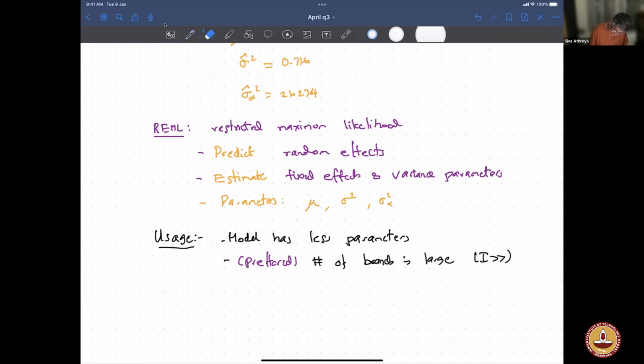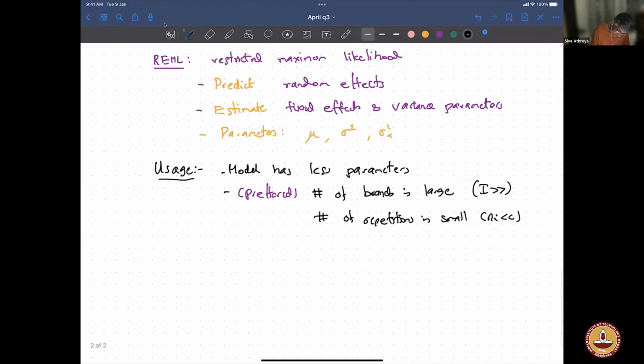I is very large, and the number of repeated measurements is low. The number of repetitions is small, that is, Ni is small. In this case, there are a larger number of model parameters alpha i with insufficient replicates to estimate alpha i. That means you don't do fixed effects, you do random effects.